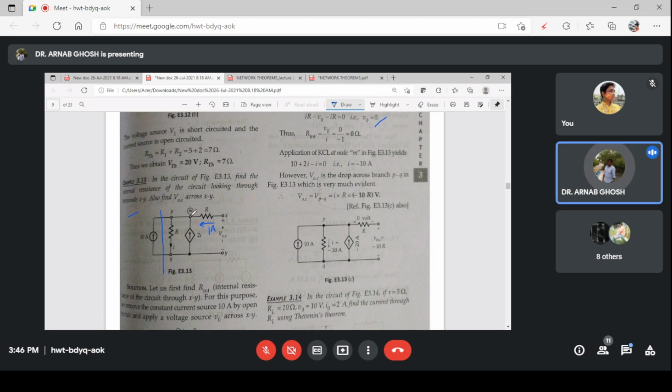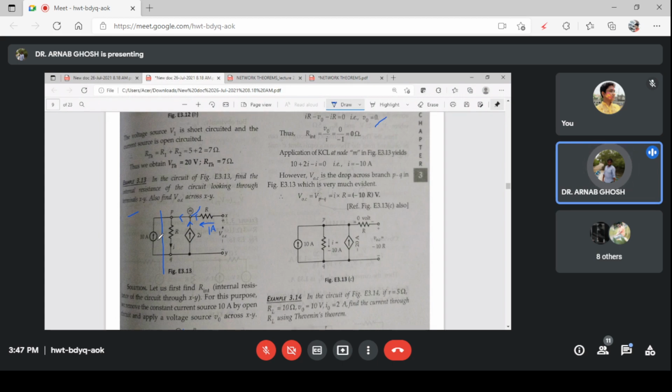So at this node, we are applying KCL. So this is I, because I is leaving the node, and this is also entering the node. So I plus 2I is equal to 1 ampere. V0, that is the voltage across this, will be equal to 0.